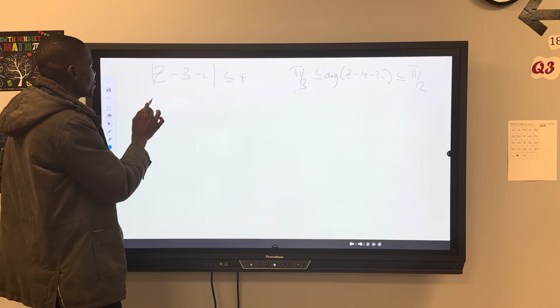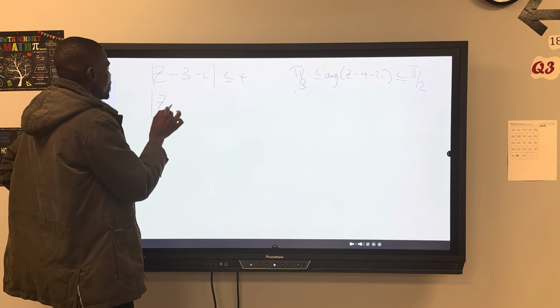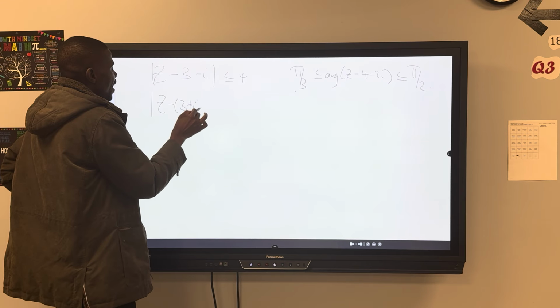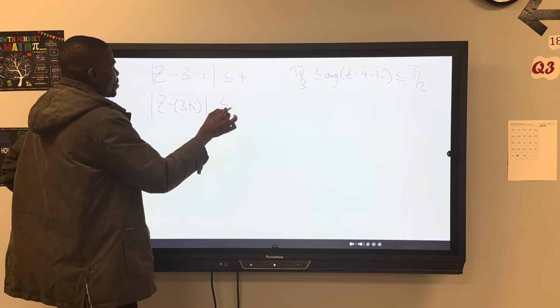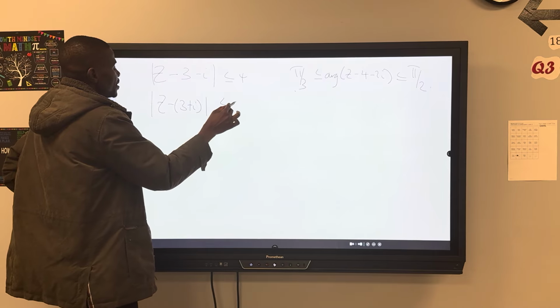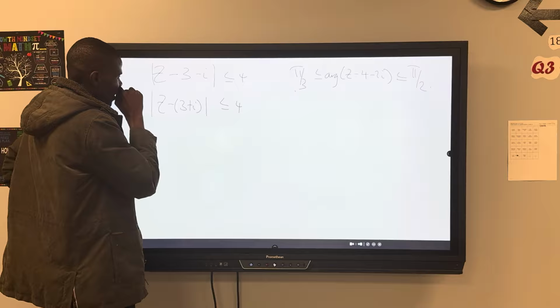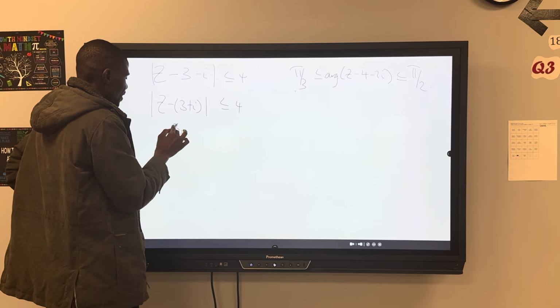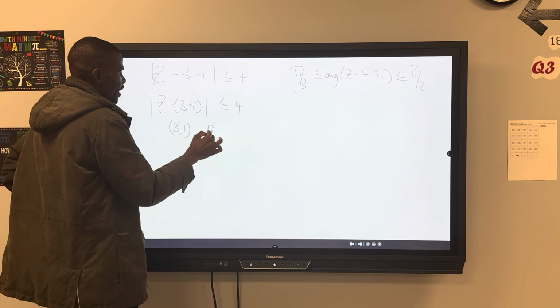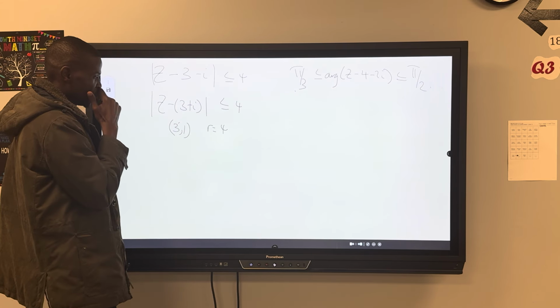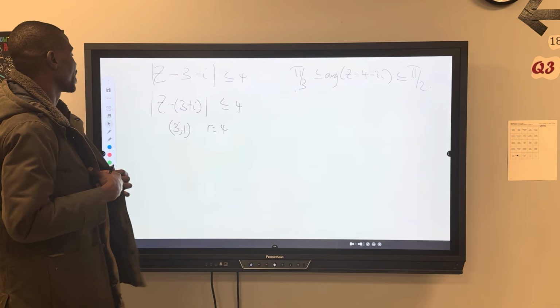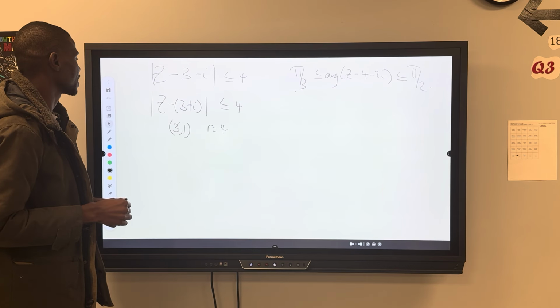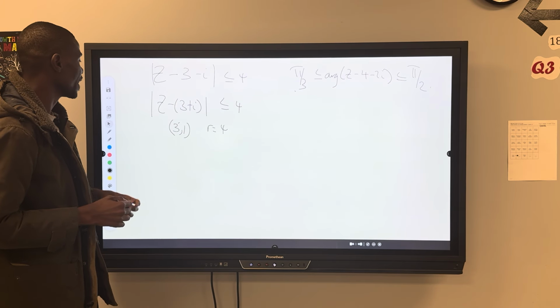So if you fix this one here, it's going to be the modulus of z minus 3 plus i less or equal to, in this case, 4. So this is the equation of a circle. Our center is 3, 1, and our radius is 4.